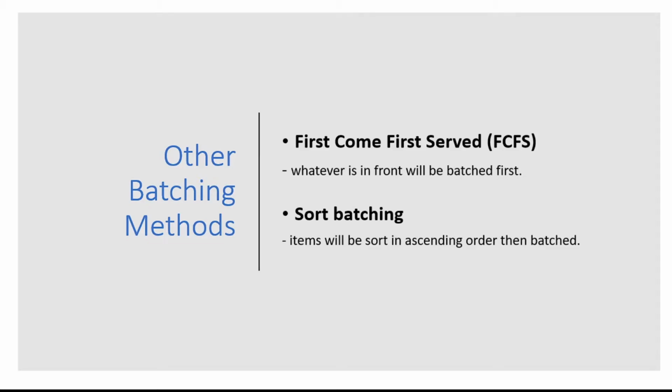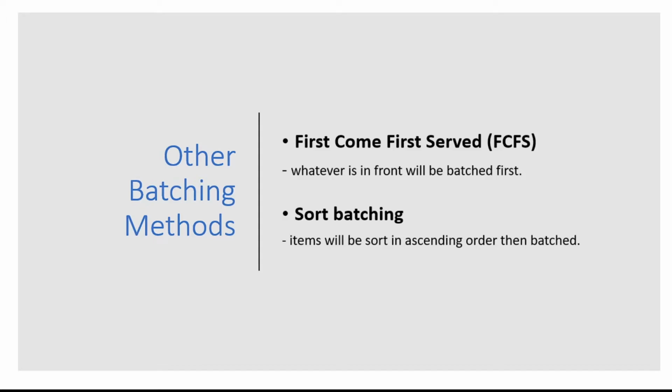This research work aims to focus on two other batching methods other than the simulated annealing method. First, the first come first serve batching method, or FCFS, and next the sort batching method. First come first serve means the items are batched according to the list received, where whatever is in front will be batched first.